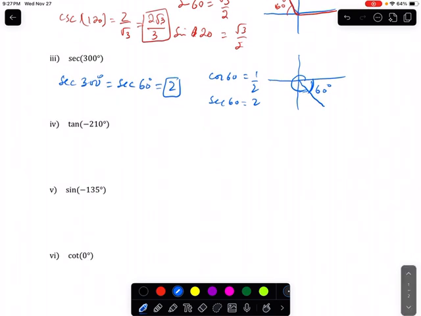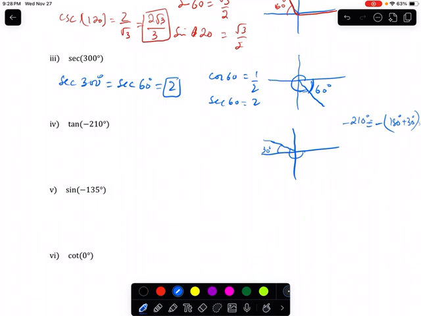Okay, now we work with negative angles. So negative 210. Now we go in this direction. Negative 210 can be thought of as negative 180 plus 30. So which means we go from here and this angle is 30 and this is your reference angle.